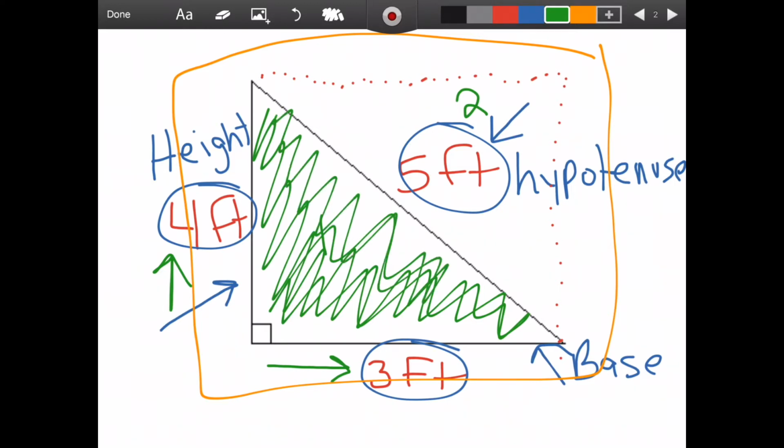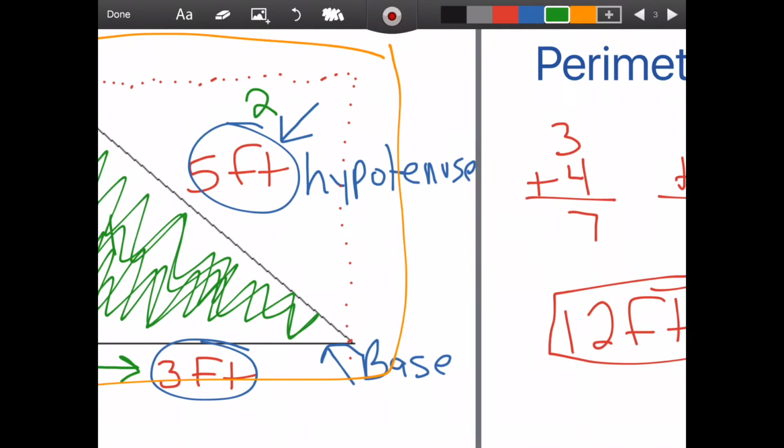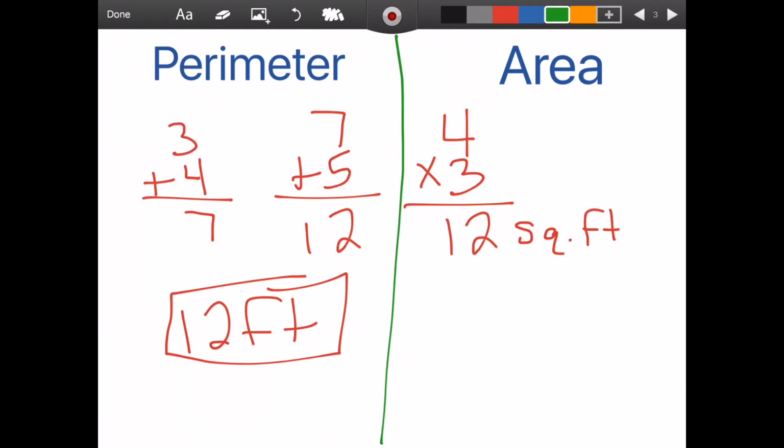Now, because that right triangle is half of that entire rectangle, we're going to divide that area in 2. One really easy way to do that is we can just take 12 divided by 2, which is 6.